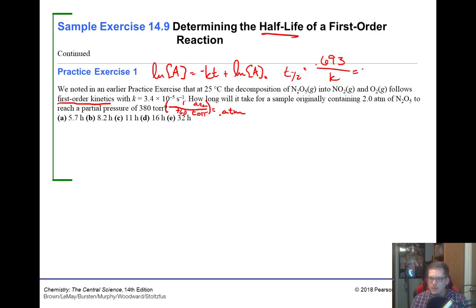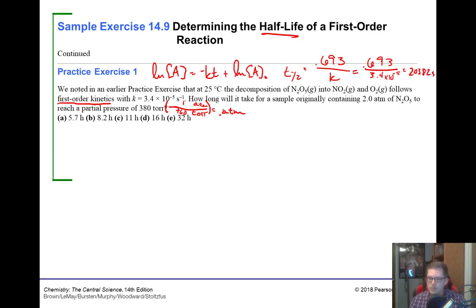The half-life of our reaction would be 0.693 over our K value, and they give us that, 3.4 times 10 to the minus fifth. So 0.693 divided by 3.4 e to the minus fifth. That's 20,382 seconds, the half-life of our guy.